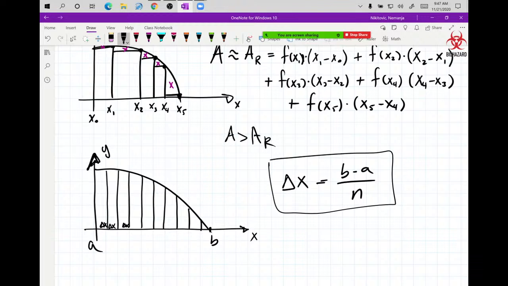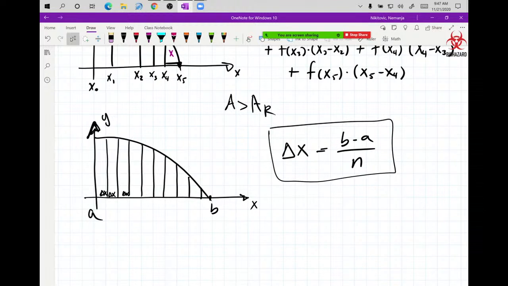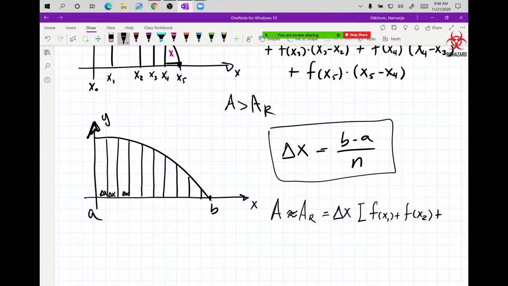Now this allows us to approximate the area from the right side with the formula delta x times f of x1 plus f of x2 plus f of x3 plus dot dot dot plus f of xn as the last one.